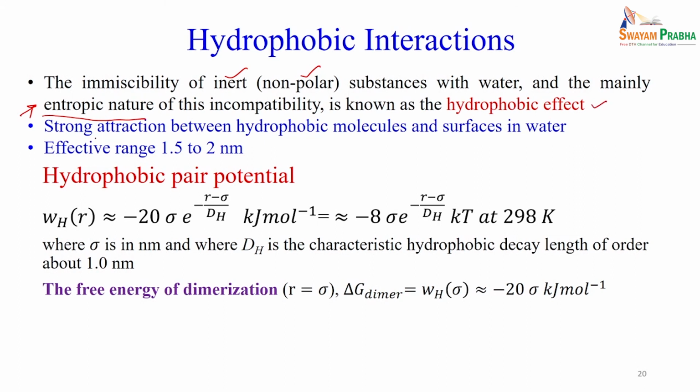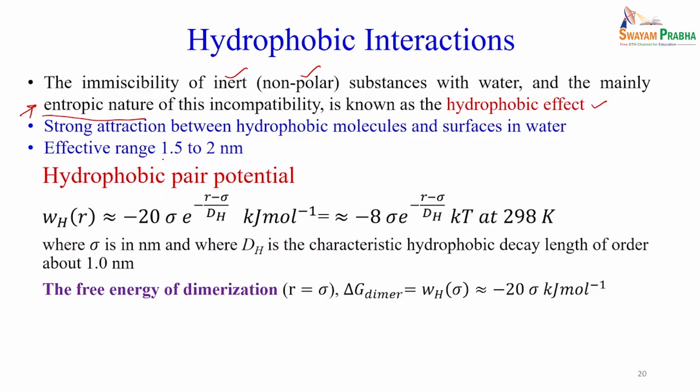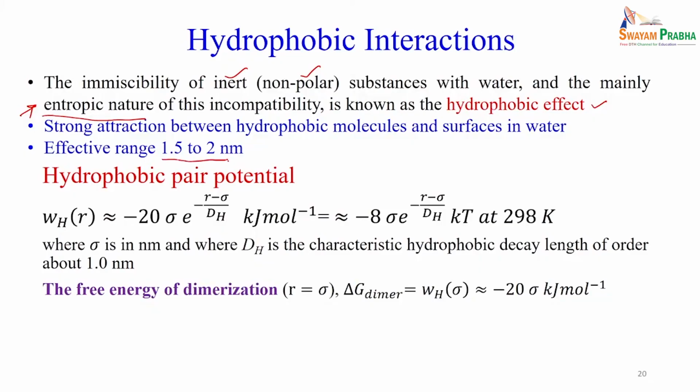Because of the presence of nonpolar molecules, there is a strong interaction between the hydrophobic molecules and surface in water. So hydrophobic molecules try to come closer, and the water molecules come on the surface and surround them. This leads to a change in the entropy of the system. That is why this hydrophobic interaction is entropy driven, and its effective range is 1.5 to 2 nanometer.